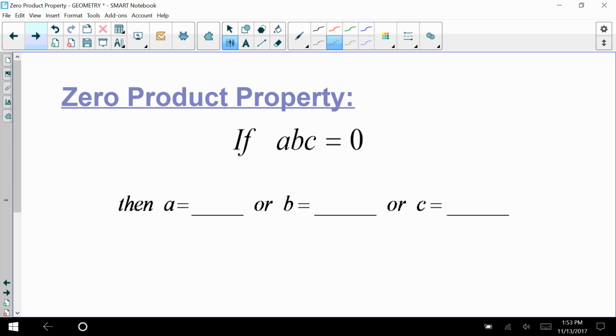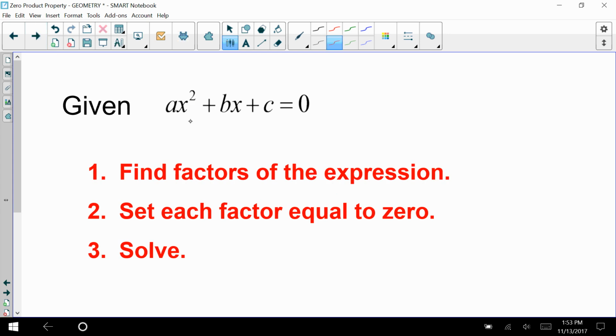And if a times b times c equals 0, then in order to solve for a, b, and or c, we can set a equal to 0, or b equal to 0, or c equal to 0. So after you factor, you're setting each factor equal to 0. So given the standard form, again, it must be in standard form, we want to find factors of the expression first, set each factor equal to 0, and then solve each equation that you created.